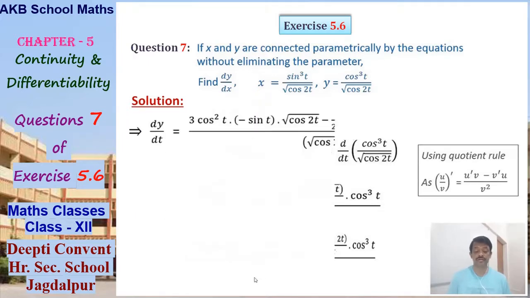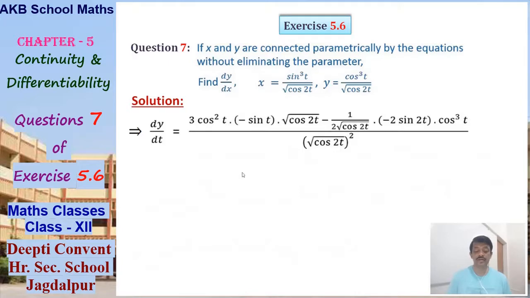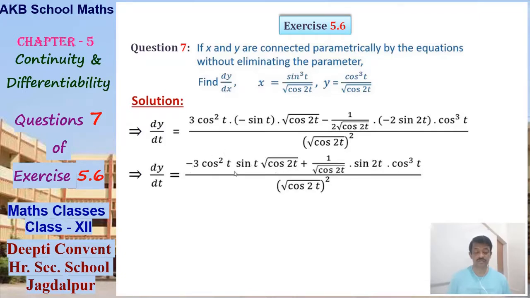Now solve it. 3cos²t, the derivative of cos means minus sin, and here the derivative of cos 2t means minus 2 sin 2t. Now solve: minus 3cos²t sin t root of cos 2t plus 1 upon root cos 2t, the 2 cancels here, so sin 2t cos³t upon (root cos 2t) squared. Clear?